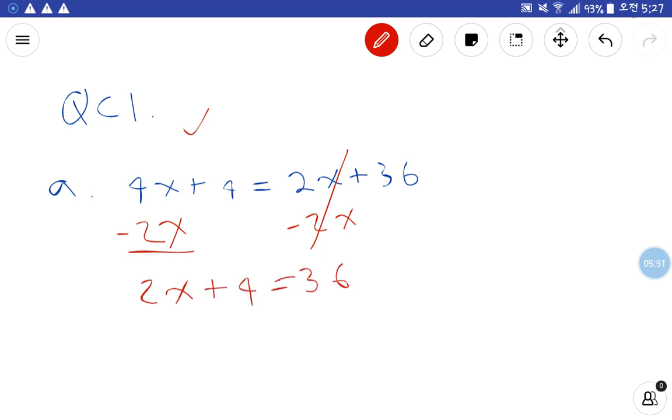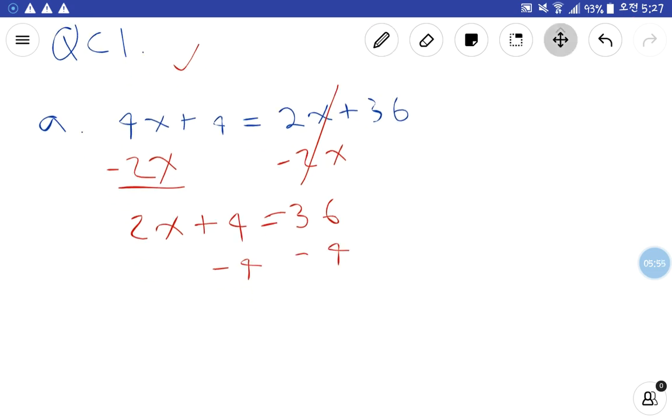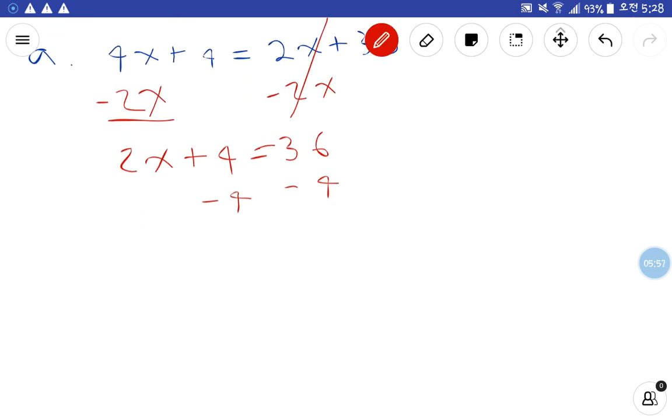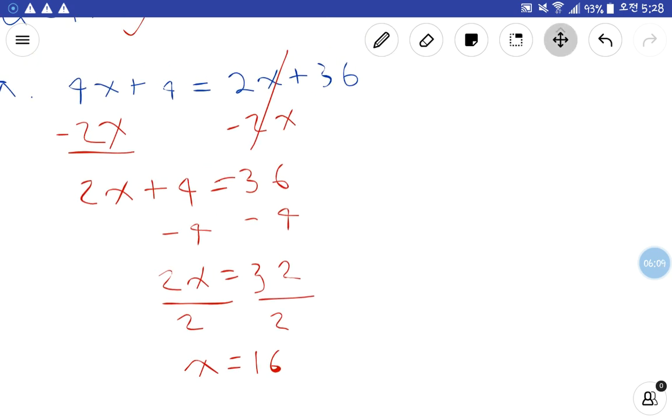Now what should we do? Minus 4 each side. Then I would have 2x equals 32. Now what? Divide by 2. Then my x would be 16. They ask you to check it. How can we check it? As I mentioned, we are going to use our original question.